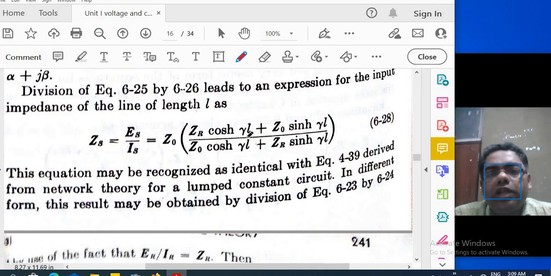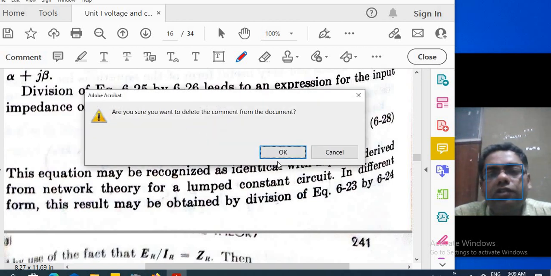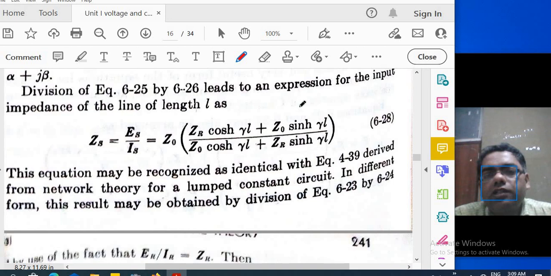If I take the full length L, then it is the impedance at the source end Zs. And if instead of L I write s only, then it is the input impedance at an arbitrary distance s from the load end.